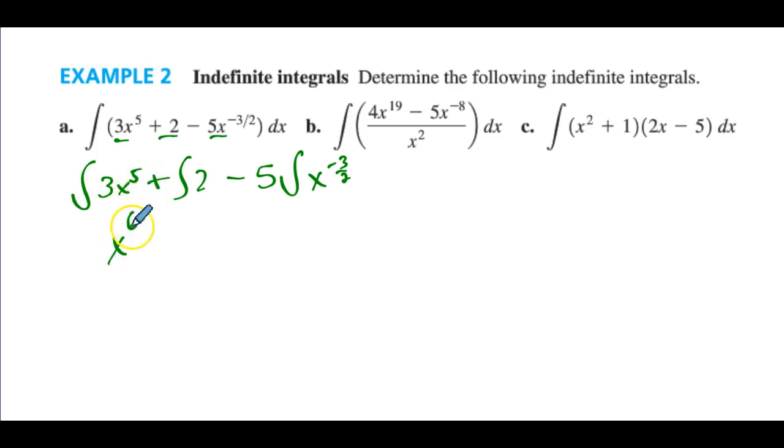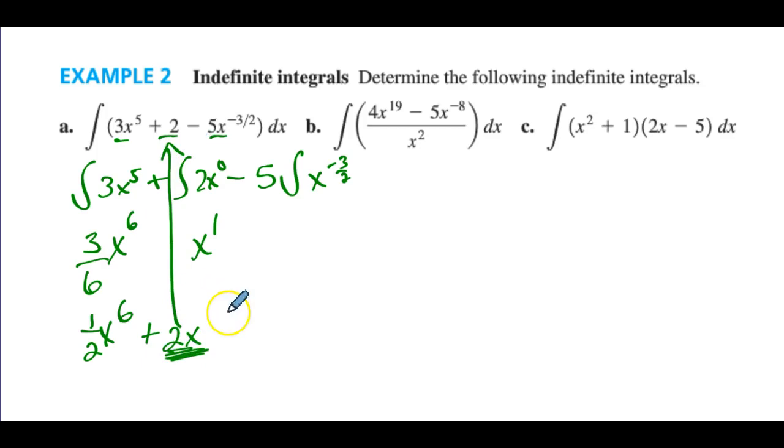So the 5 goes to a 6. And then divide by it. So 3 over 6, so I get 1/2 x to the 6. Integral, well, this is really an x to the 0. So it becomes x to the first and divide by 1. So just plus 2x. That kind of makes sense because the derivative of 2x is back to the 2.